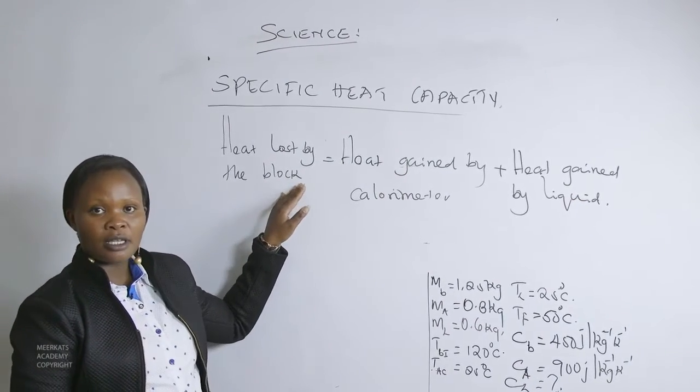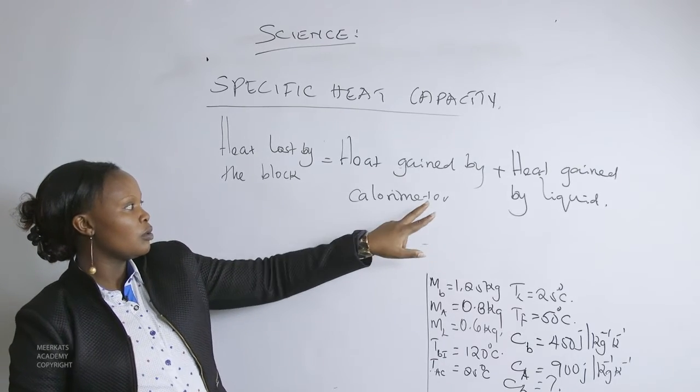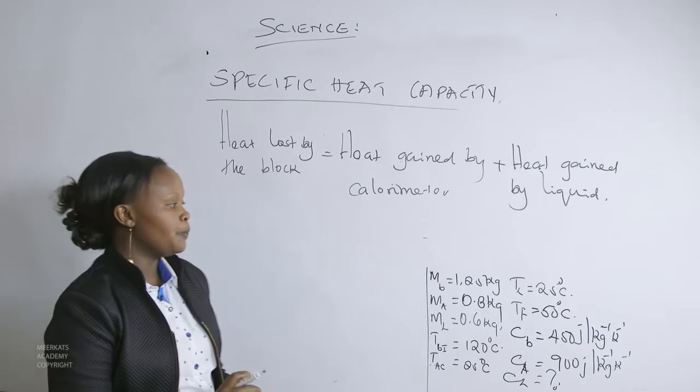Heat lost by the block is equivalent to what the calorimeter gains as well as our liquid.